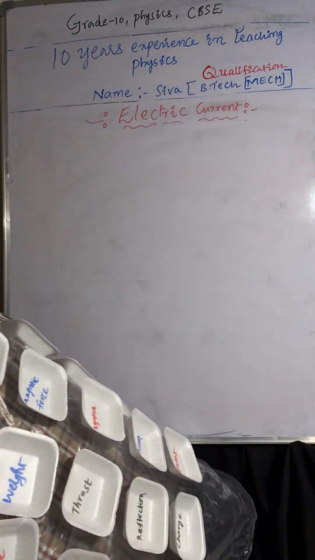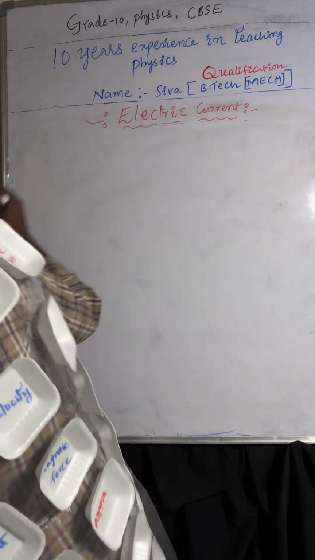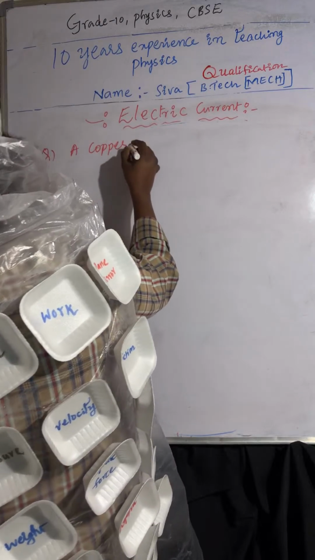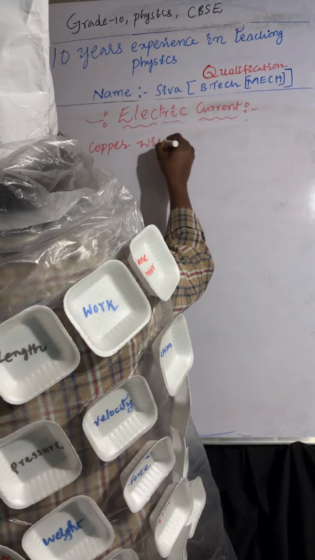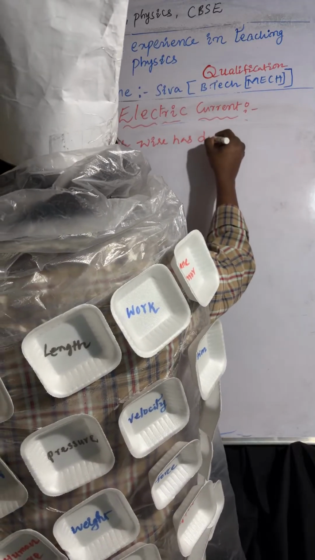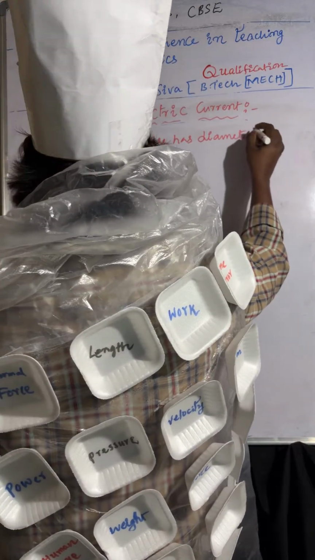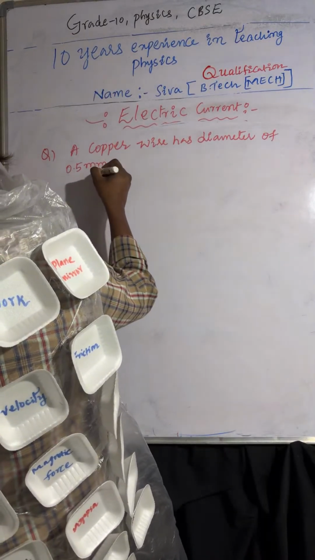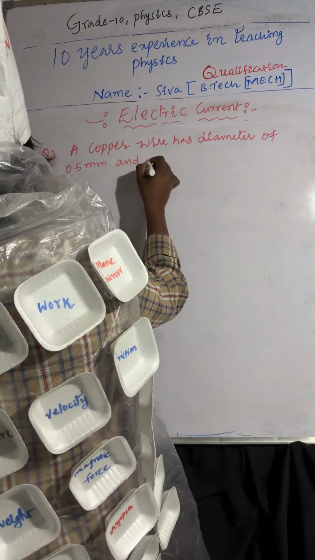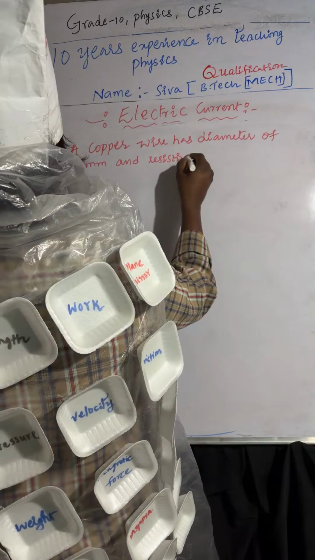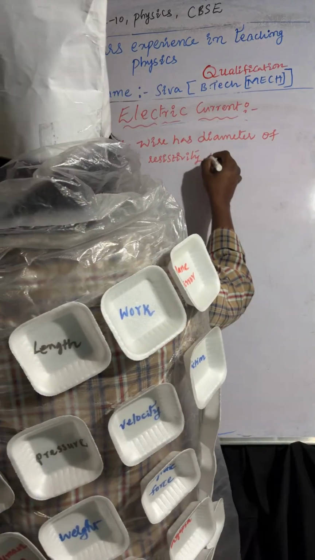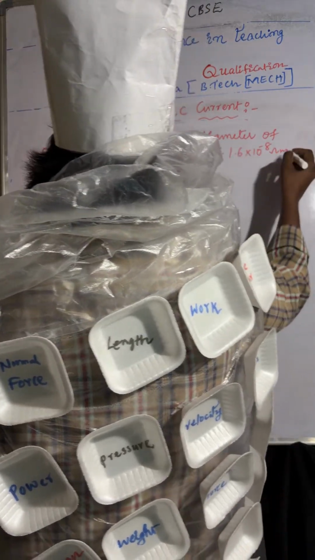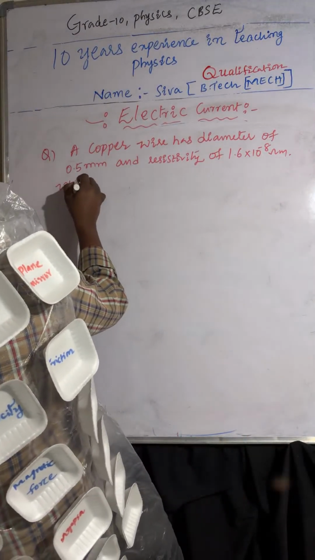One more question. A copper wire has a diameter of 0.5 mm and resistivity of 1.6 into 10 power minus 8 ohm meter.